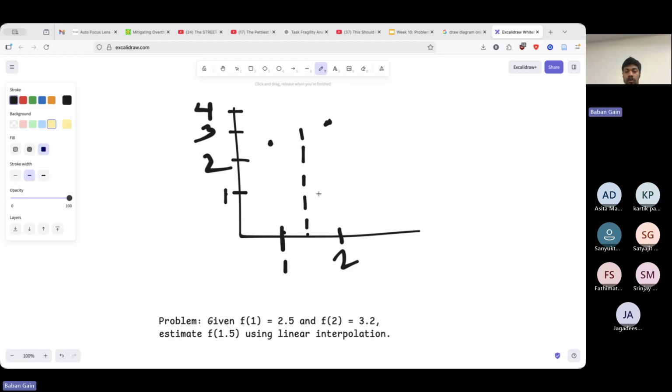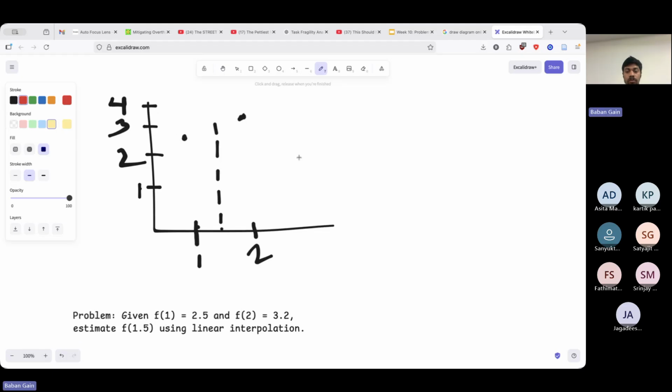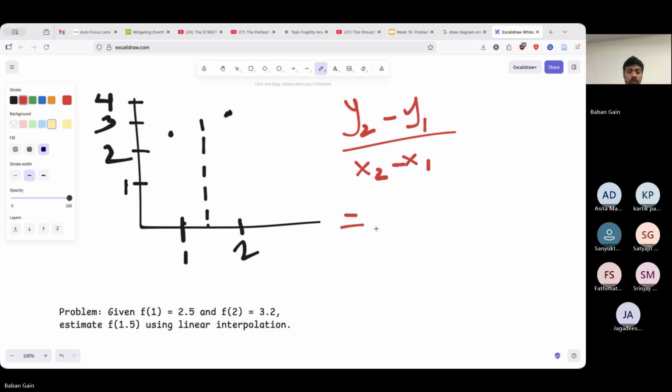So how to do that? So basically, what do I have to do? I have to find out y2 minus y1 divided by x2 minus x1. So y2 is what?